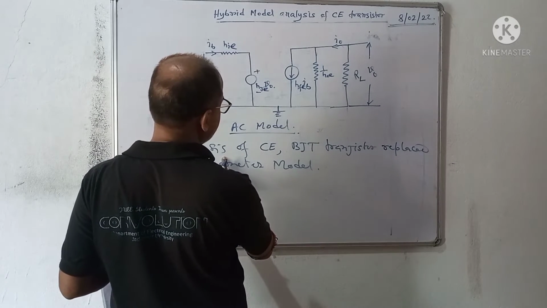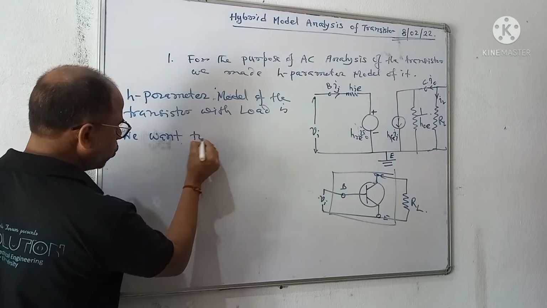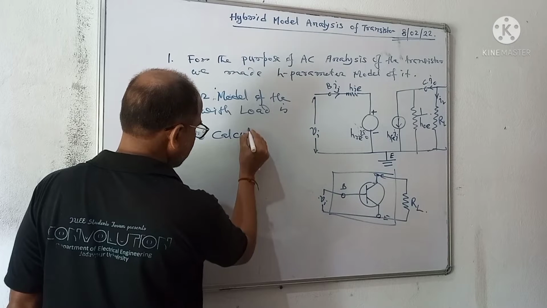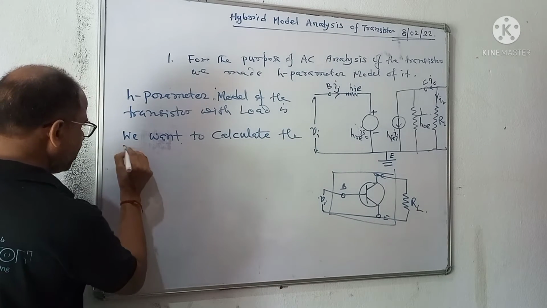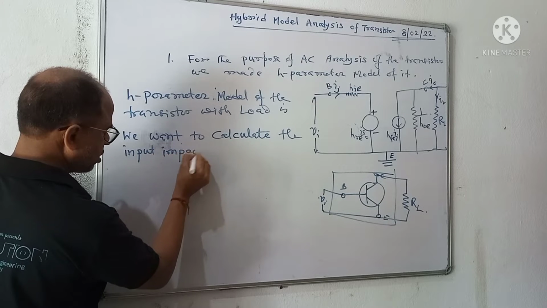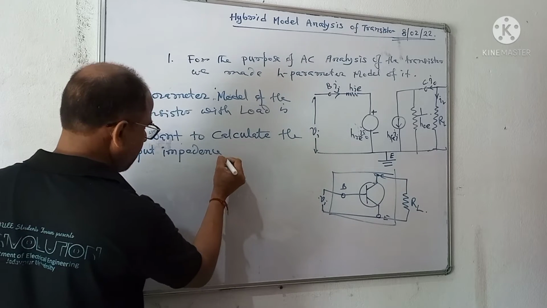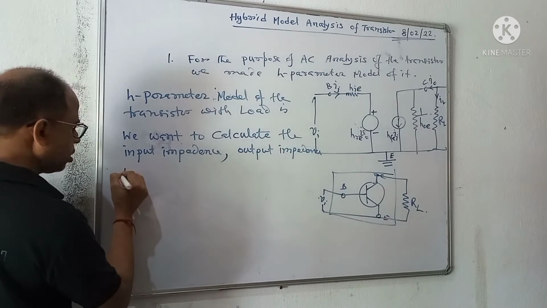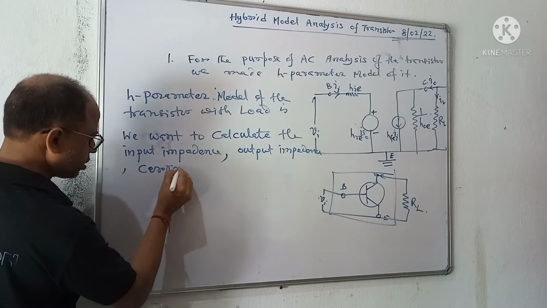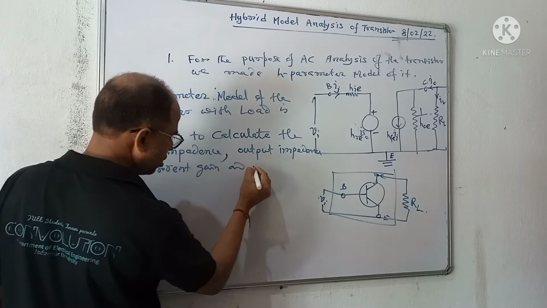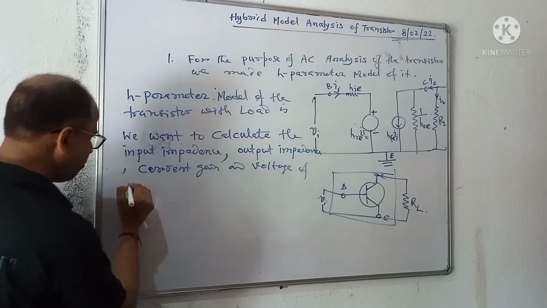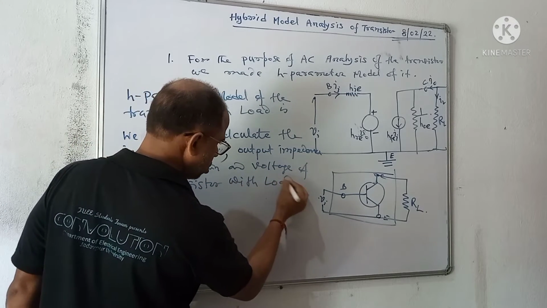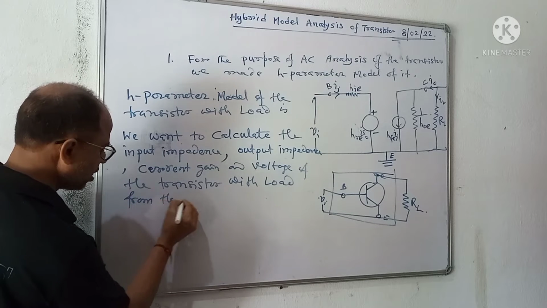Analysis means we want to calculate the input impedance or resistance, output impedance, current gain, and voltage gain of the transistor with load from the H parameter model.